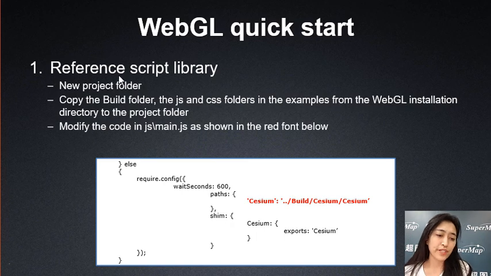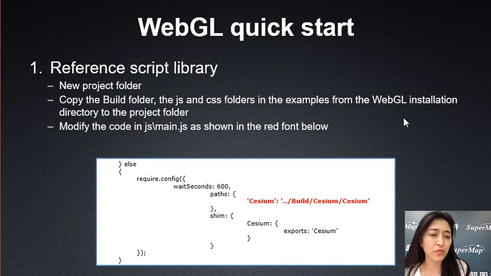Our reference script library is the build folder. So first we should create the project folder and copy the build folder and the JS and CSS folders in the example from the WebGL installation directory to the project folder, and then modify the code in the main.js as shown in the red font below.